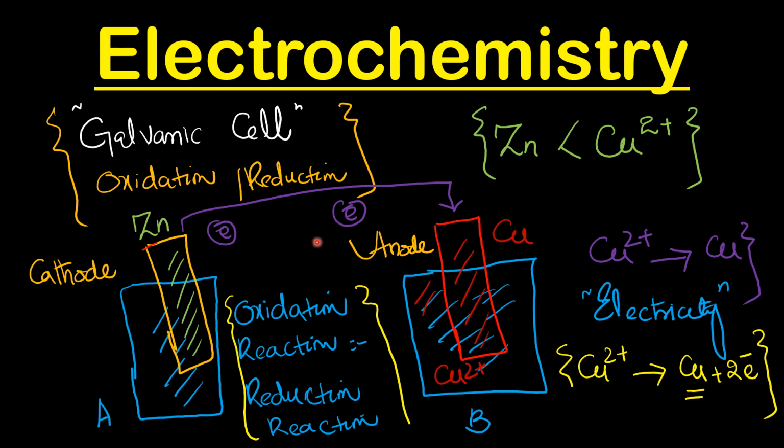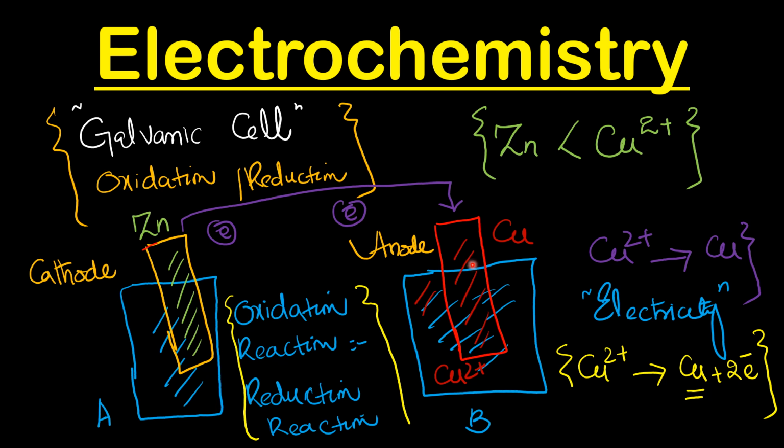The example of the first way of electrochemistry is a galvanic cell, which is basically a cell in which chemical reactions like oxidation and reduction reactions occur. In the oxidation reaction, the electrons are transferred from the cathode toward the anode of the galvanic cell, and the anode usually consists of copper ions.